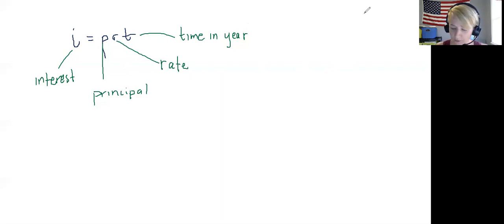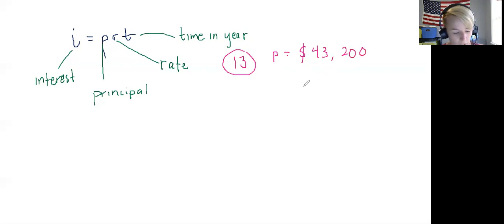So let's solve at least one of our simple interest problems. I'm going to solve number 13 for you. Number 13 uses our simple interest formula, and we already have it over here, so we don't need to recopy it down. It tells me that P is valued at $43,200. My rate is 16.5%. This is a really high interest rate.